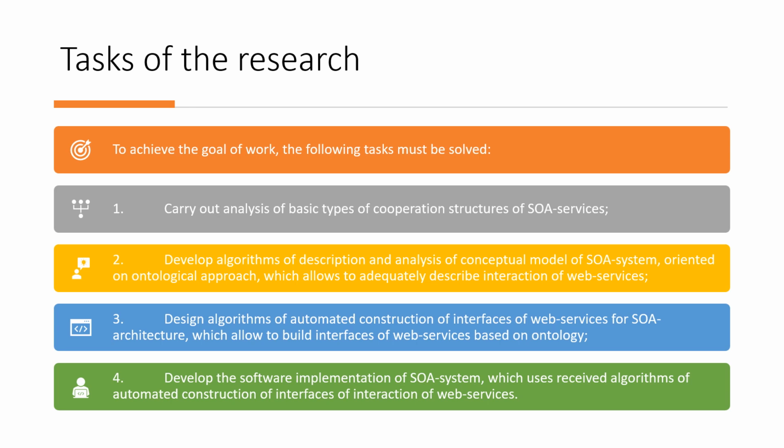Design algorithms of automated construction of interfaces of web services for SOA architecture, which allows to build interfaces of web services based on ontology. Develop the software implementation of a SOA system which uses received algorithms of automated construction of interfaces of interaction of web services.